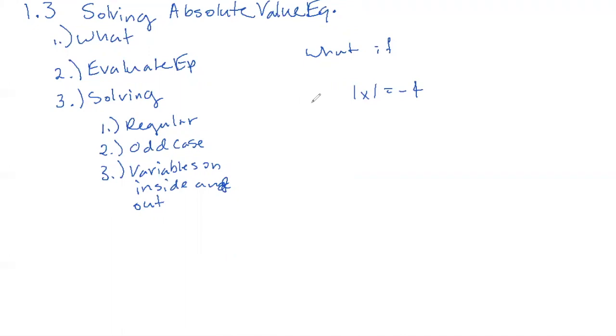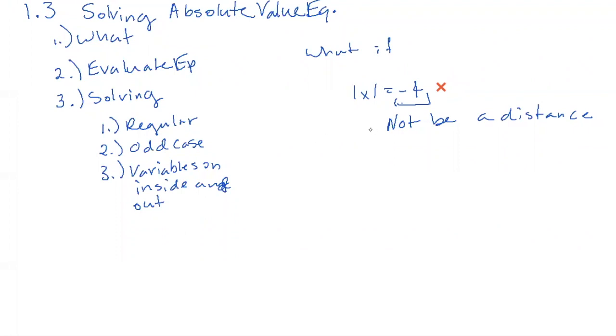Absolute value is the distance between a number and zero. Negative 4 cannot be a distance. And therefore, the absolute value of x equals negative 4 cannot exist.